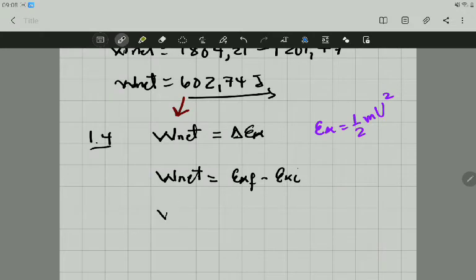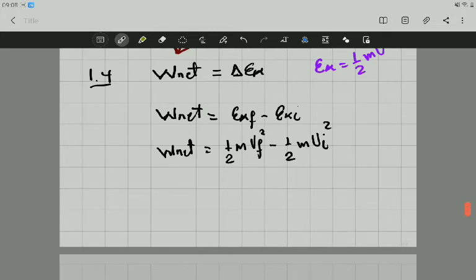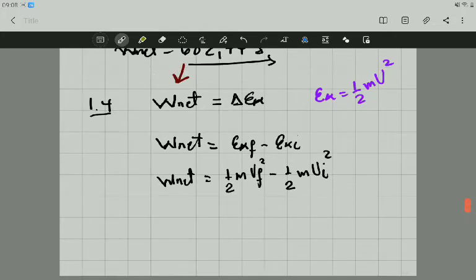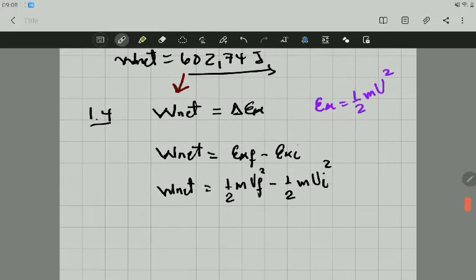We have that net work is equal to half mass multiplied by final speed squared, minus half mass multiplied by initial speed squared. Alright, and now we can substitute all the numerical values into this equation. So net work, 602.74, is equal to half the mass of the block.